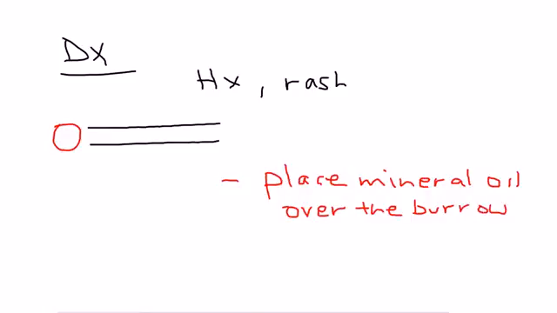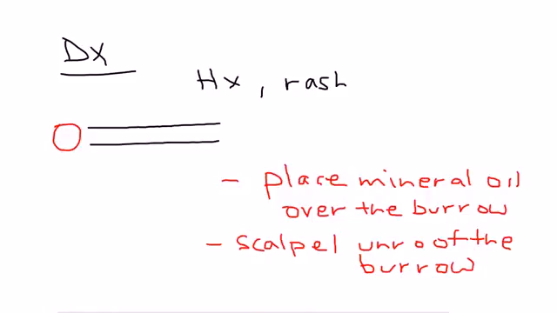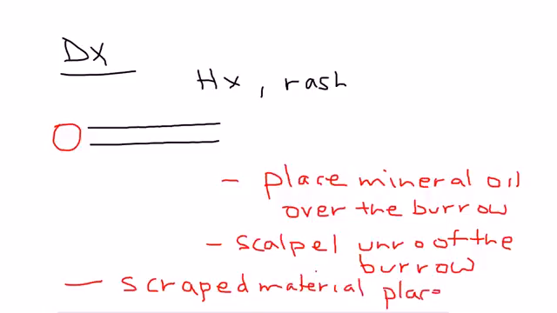And then you take a scalpel and you unroof this burrow. Then you take the scraped material that lies underneath and place it on a slide. That will help you identify the mite under a microscope.